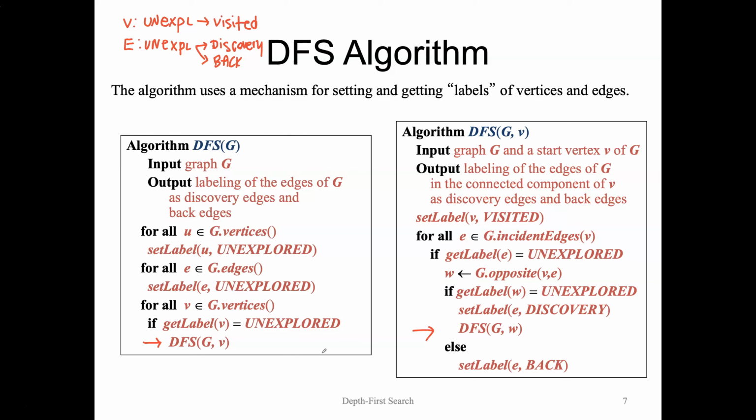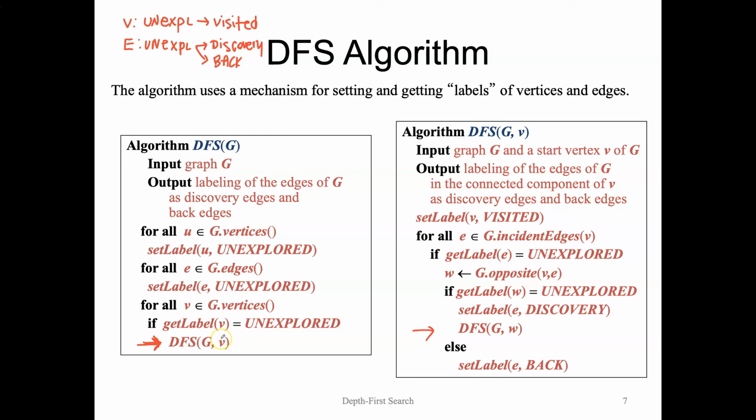Now notice that when we call DFS here from some starting vertex, we end up calling DFS recursively on all of the vertices that are reachable from the starting vertex. When we are finished with this DFS call, once it's completed all of the recursive calls that it ultimately ends up making, then as a result, we visited all of the vertices that are reachable from this starting vertex.